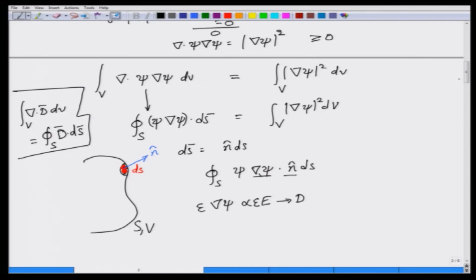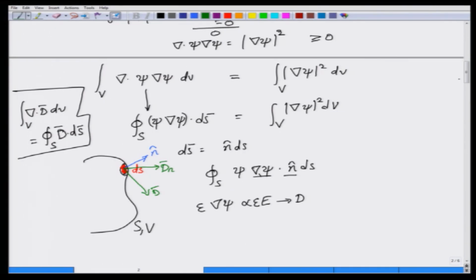Okay. Now, the flux density D could be coming out in any direction. So, if this is my flux density D, it could be coming out in any direction on this surface element dS. Then D dot n will simply tell me the normal component of the flux density D. So, this del psi dot n is actually the normal component of the flux density that you are looking at, of course, after multiplying by epsilon.